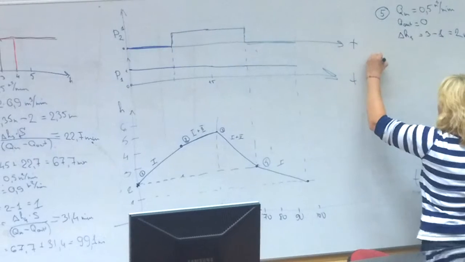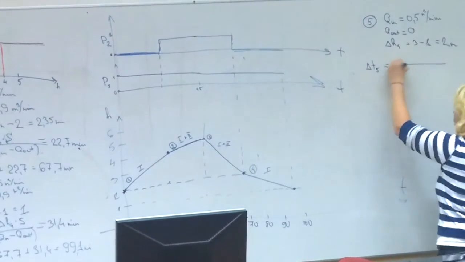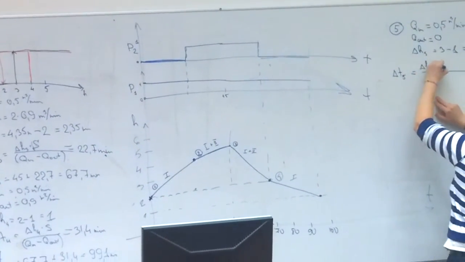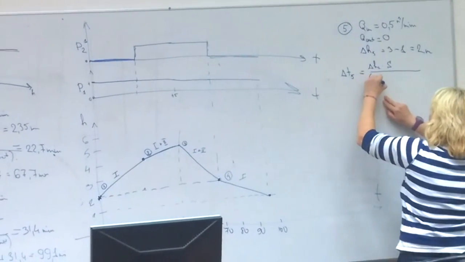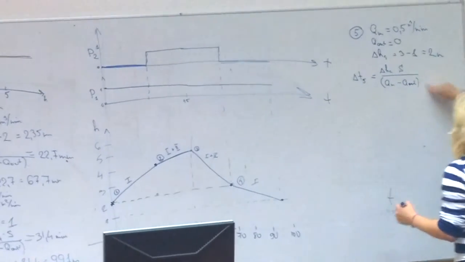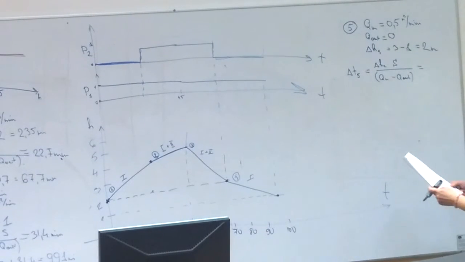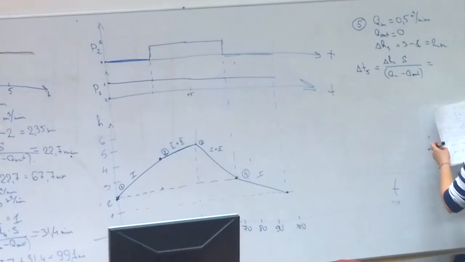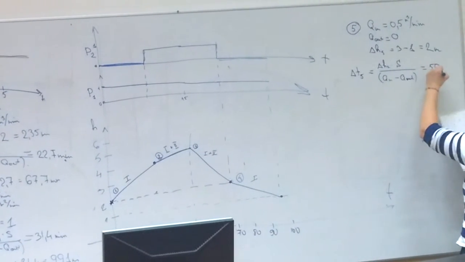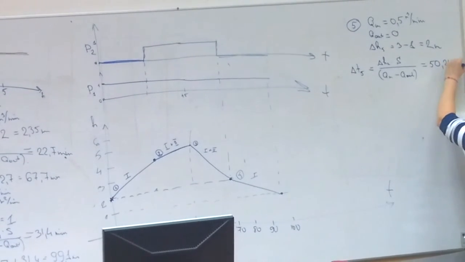So our delta T will be delta H multiplied by the area and the difference between inflow and outflow. So according to that, we will have 50.24 minutes.